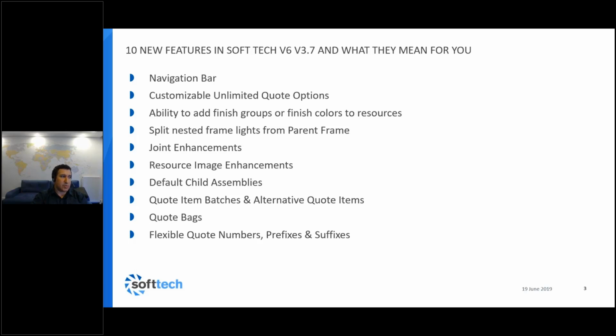Especially for windows and doors, we can now add mid-rails from the outer frame level. The jointing enhancements, we'll talk about them in a bit. Then resource image enhancements. There are a couple of different areas that we covered, which improved the user experience.